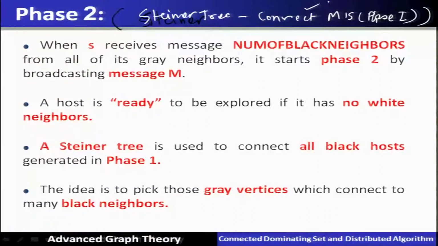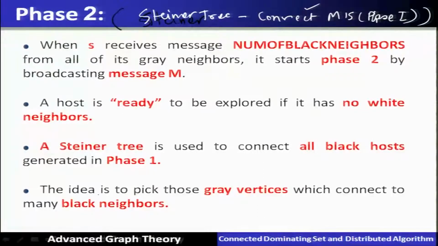So, the Steiner tree will form a subgraph induced by the MIS nodes, and that together will be the connected dominating set.